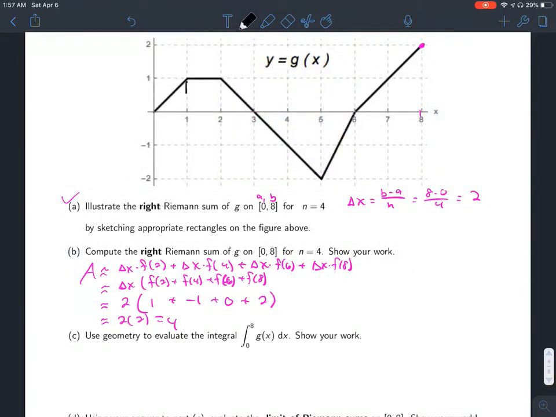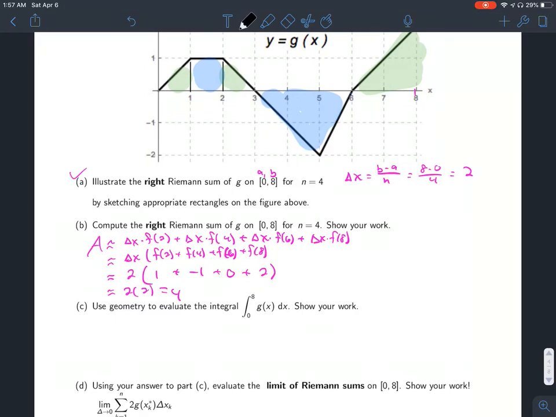I'm going to break this apart from 0 to 1, from 1 to 2, from 2 to 3, from 3 to 6, and from 6 to 8. It's a lot of parts. 1, 2, 3 shapes, 4 shapes, 5 shapes.